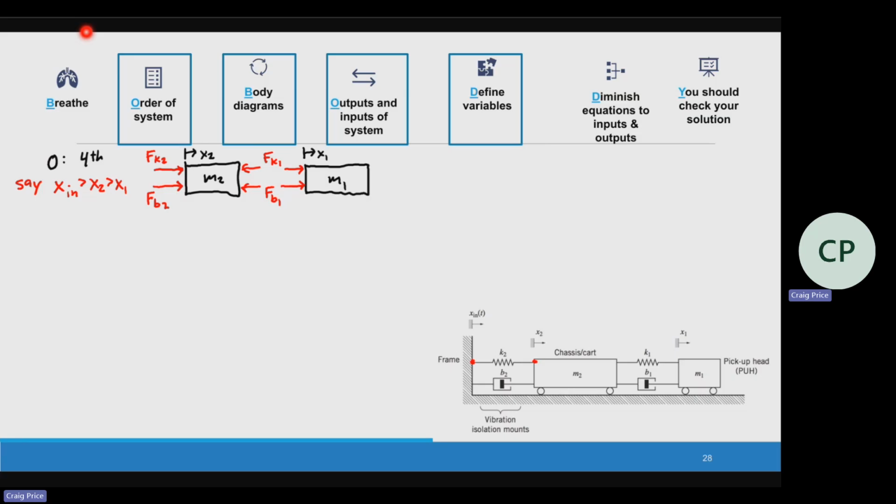Okay, input, output. Really we have mass 1 and mass 2. For mass 2, the input is going to be X in. That's causing it to move. What is the input for mass 1? The pickup head. X2, very good.